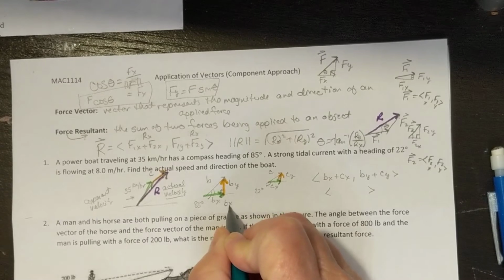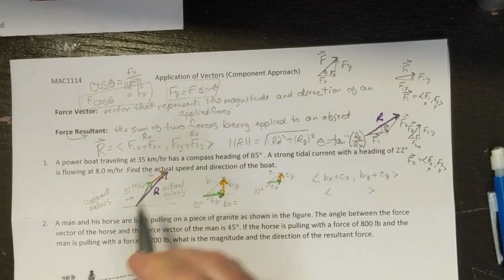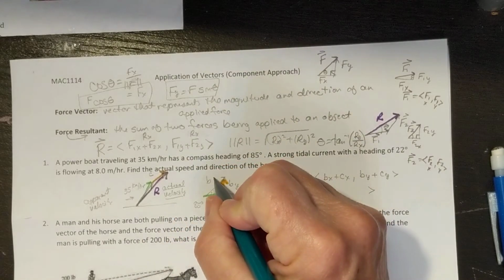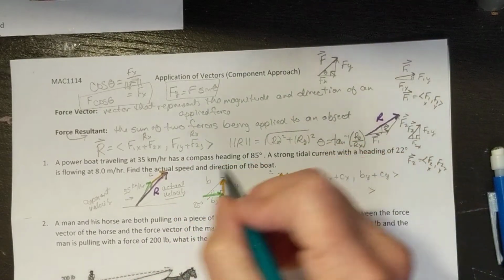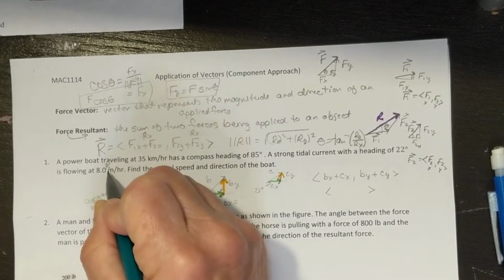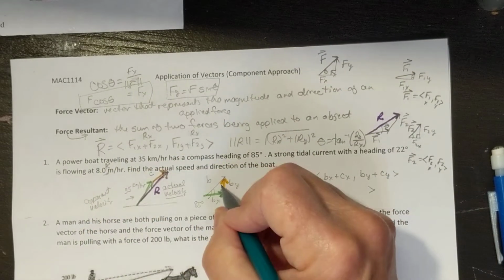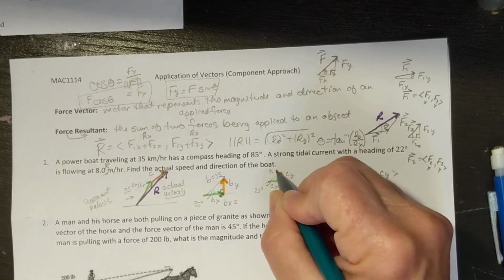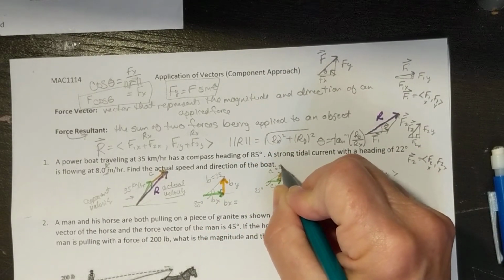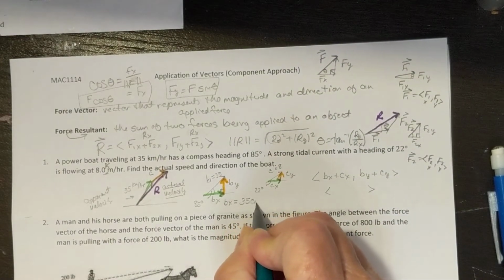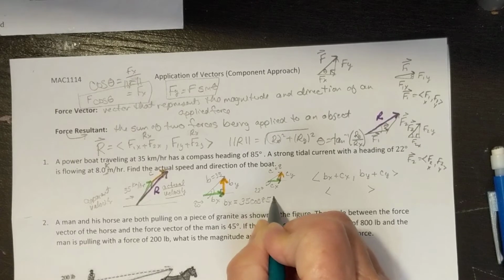B sub x will be, the boat is headed out at 35 kilometers per hour. And so this is a typo. I hope I fixed this as well before you guys get your sheet. That's kilometers per hour. The boat is 35, okay, and the current is 8. All right, B sub x is 35 times the cosine of 85 degrees.